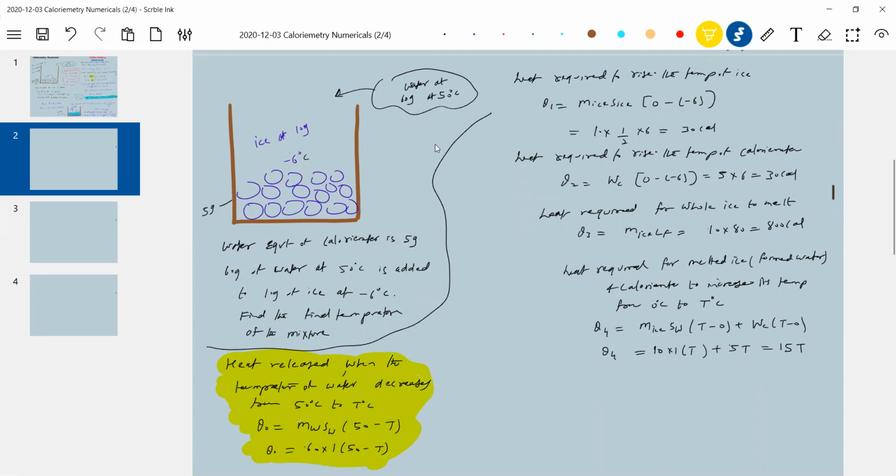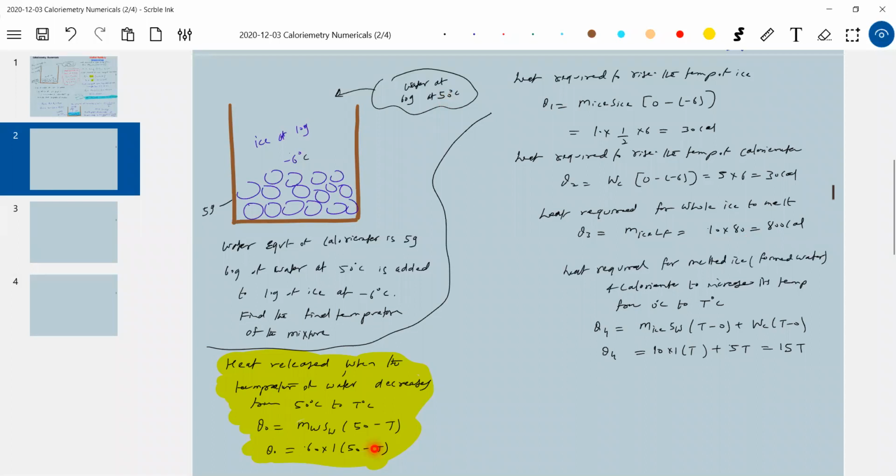So how do you say the temperature will be greater than 0? If the temperature of water falls from 50 to 0, how much heat is available? 3000 calories. But how much heat is needed for this process, 1, 2, 3 to occur? Only 860. So the temperature of water need not fall from 50 to 0. The final temperature will be somewhere greater than 0 degrees.